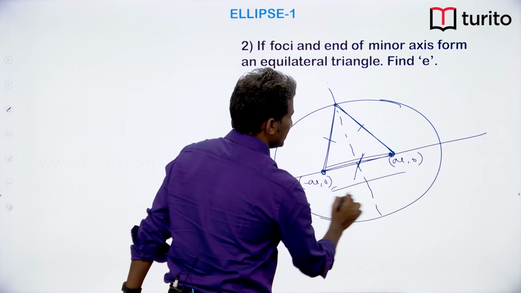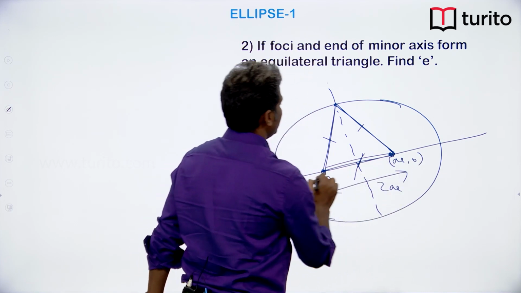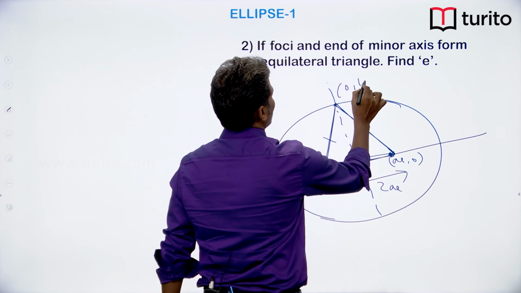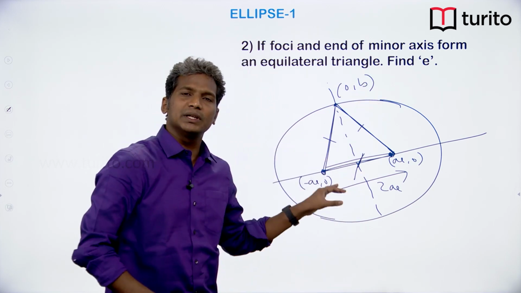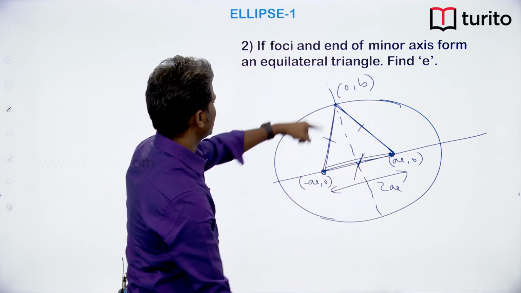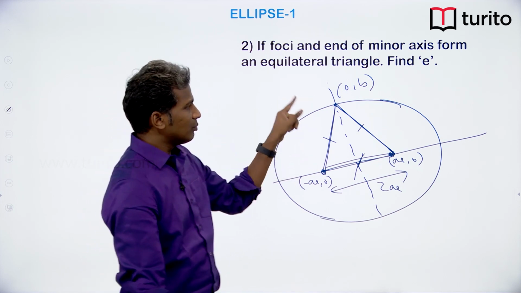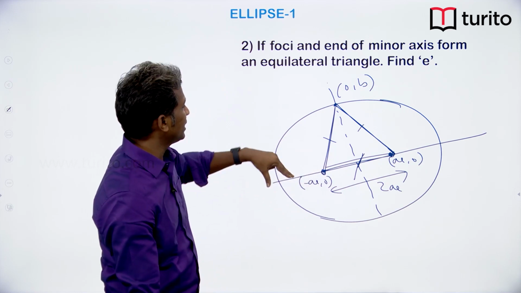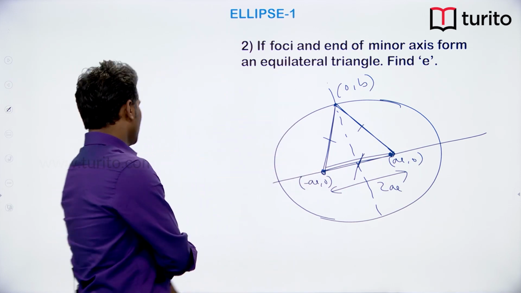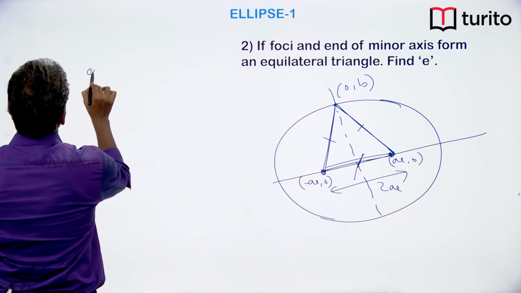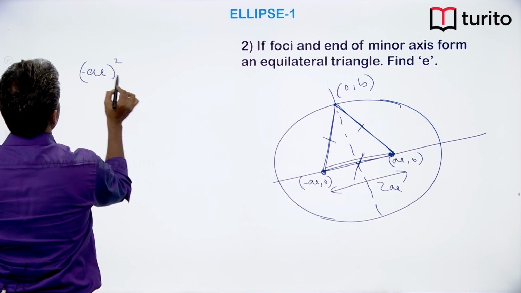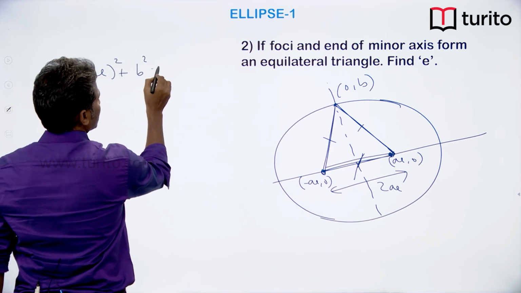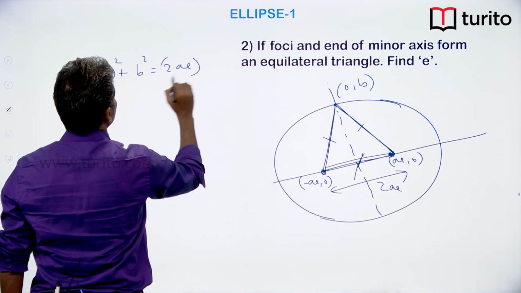Now, distance between these two will become 2AE and this point is 0 comma B. So, we can directly apply the distance formula and solve it. Because fortunately these points are on x axis and y axis, we can straight away take the squares of these two. Okay. So, it becomes AE minus AE whole square plus B square equal to 2AE whole square.